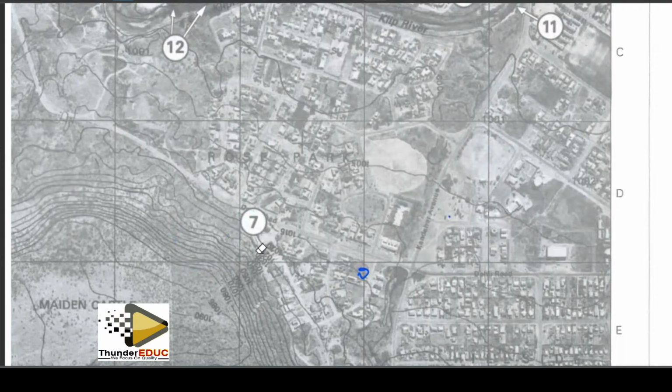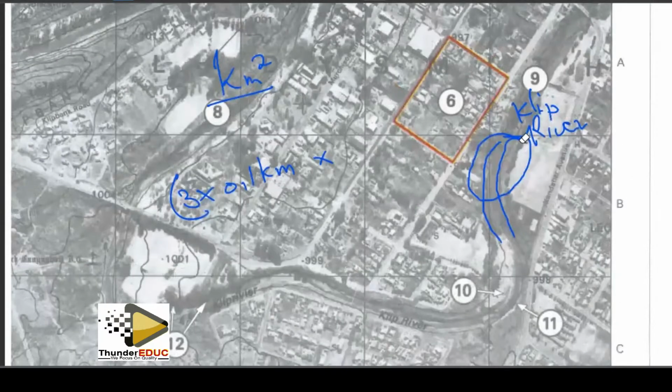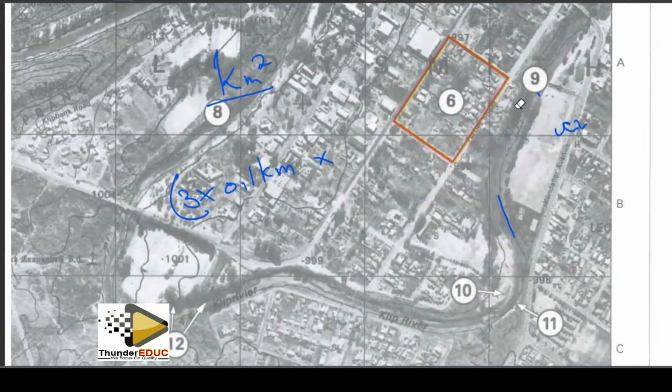It says from 8, let's check where our 8 is, right, to 10. If we check here, our 8 and our 10, they are indicated here.